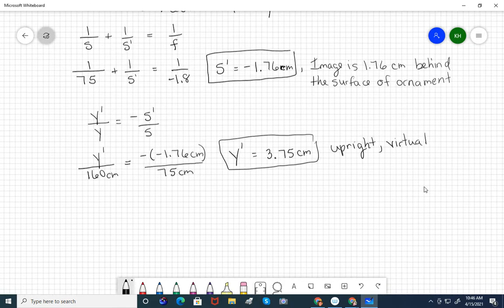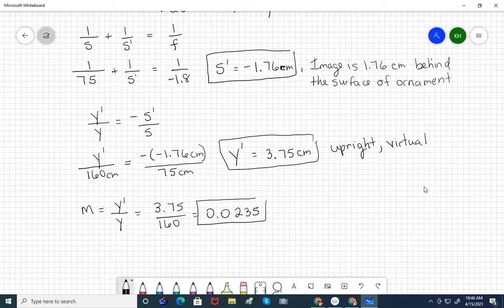If I wanted to calculate the magnification, I would simply put y prime over y, so 3.75 over 160 centimeters. And the magnification is 0.023. I actually get 5, I used an unrounded value, but something like that.